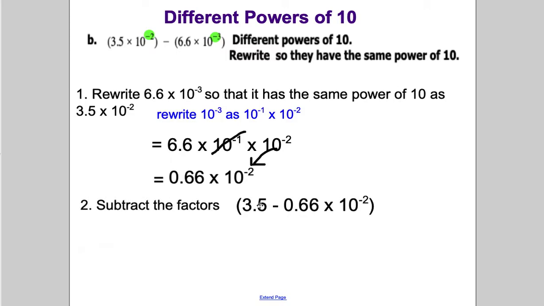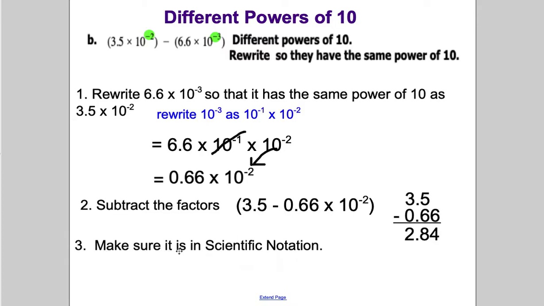I can subtract my factors. I have 3.5 times 10 to the negative 2 and 0.66 times 10 to the negative 2. And now I can actually do the subtraction of these. Remember again, you want to line up your decimal points to subtract. You could also do this on a calculator. That gives me 2.84.